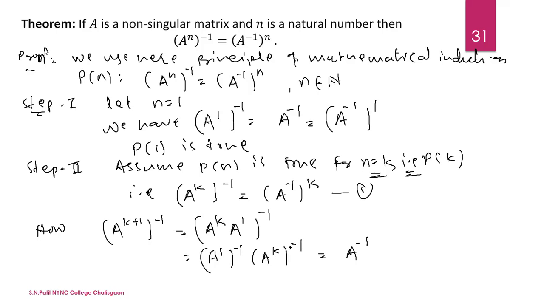Now we assumed the proposition true for k, so it can be written as A raised to minus 1 raised to k. Now it can be written as A raised to minus 1 raised to 1 and A raised to minus 1 raised to k.